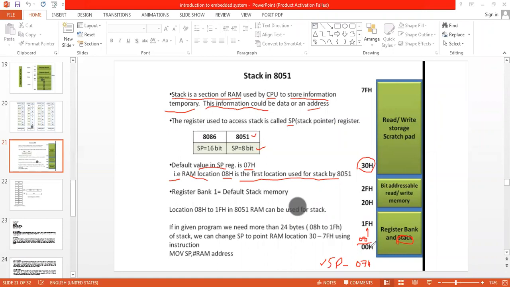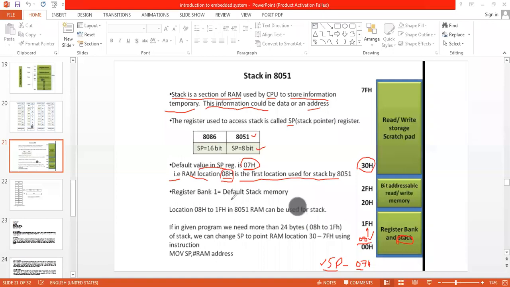The starting address of the stack memory is 08H, and the initial value of the stack pointer register is always 07H. That is important here: 07H and 08H.